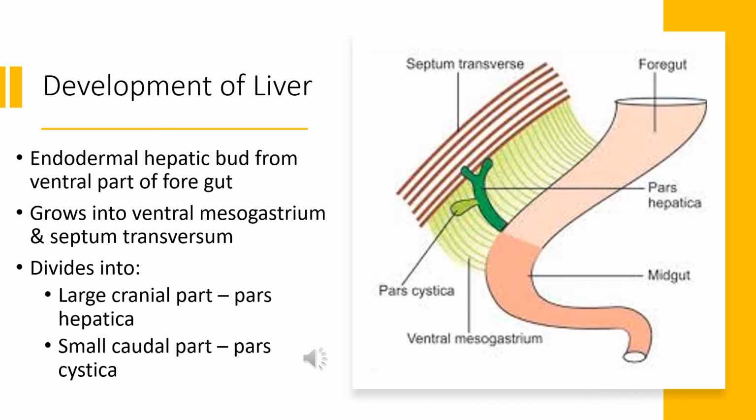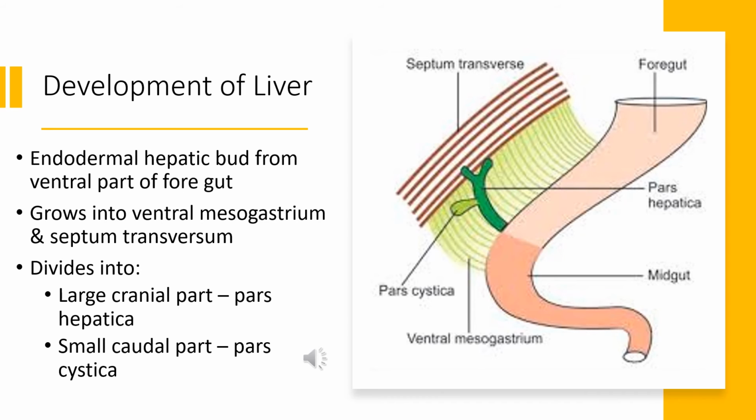The liver develops from an endodermal hepatic bud, and this endodermal hepatic bud arises from the ventral aspect of the distal part of the foregut, very close or almost at the junction of the foregut and the midgut.